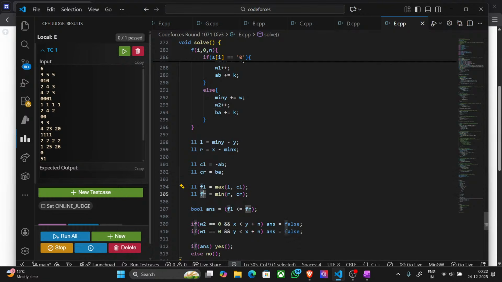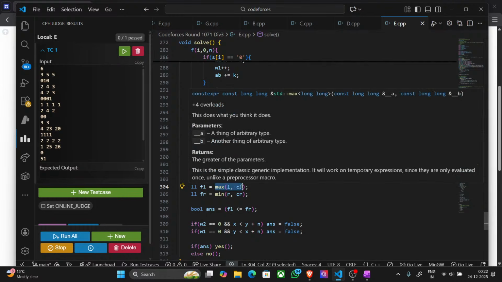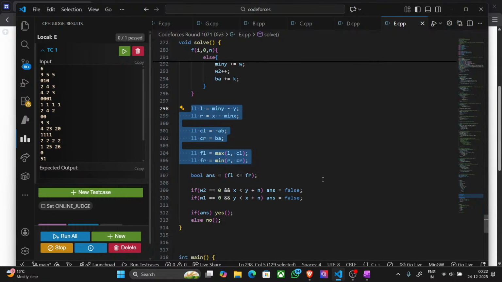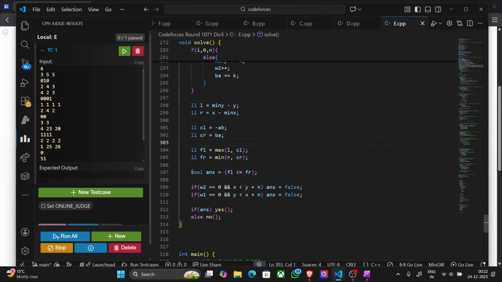Then the final L and final R as maximum of L comma cap L and minimum of R comma cap R. This is just to make sure that the range between my current values will be certain, and it won't go beyond. If it goes beyond, then the answer will always be false or no. So I have just checked Boolean answer as: if the range is true, then I can go ahead. If the range is false, then I can just directly say no.